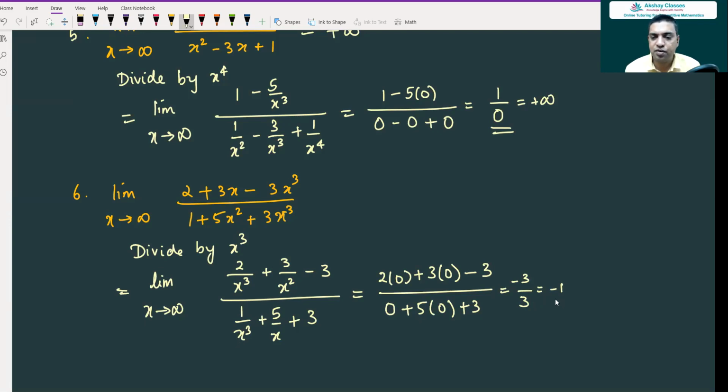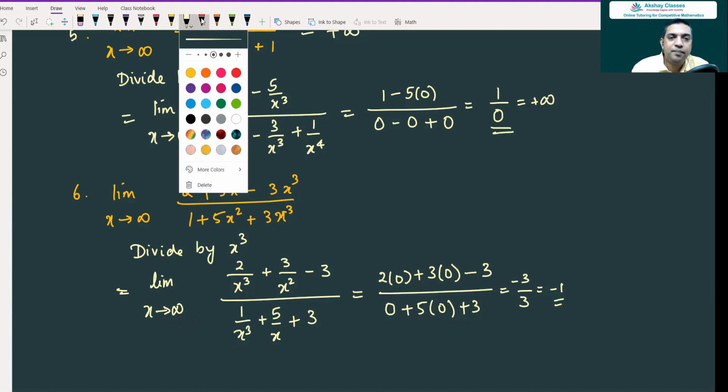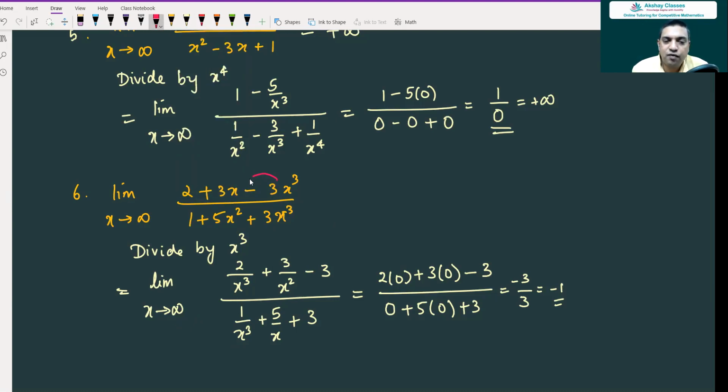All right. So again, for me, if I see this question, it's a direct answer. I don't have to use the pen also. Direct seeing and answering. Why? Because I will go by the coefficients of the highest power of x in the numerator and in the denominator. The ratio of these two will be my answer, because you see here, once I divide by x cube, what is left is only the coefficients of the highest powers of x.